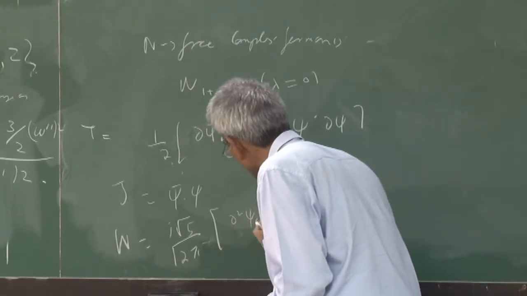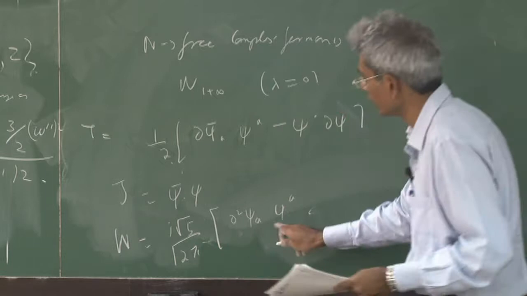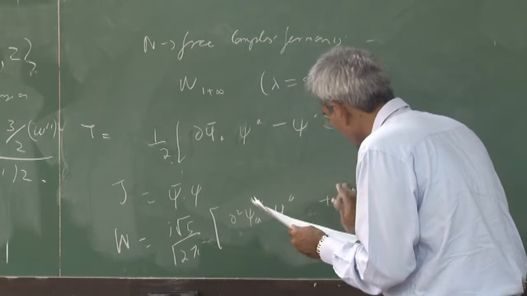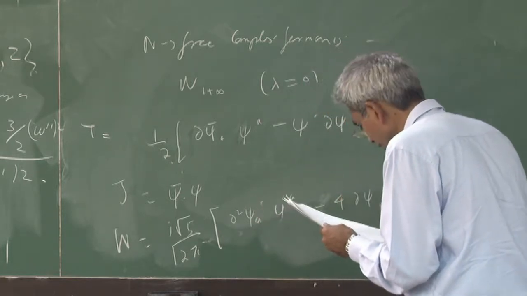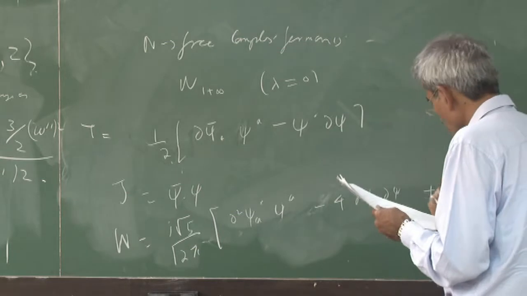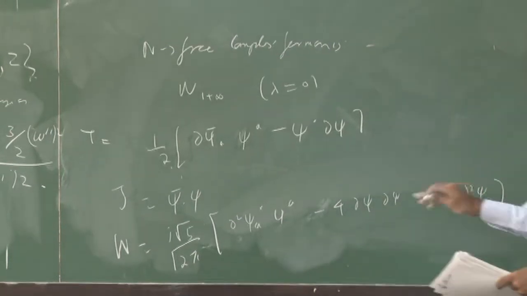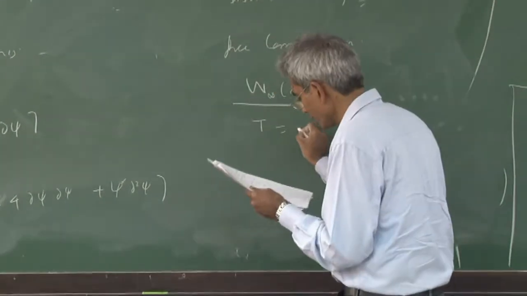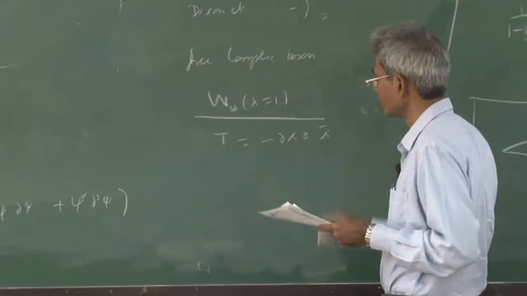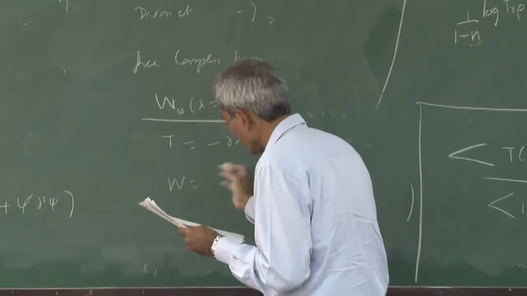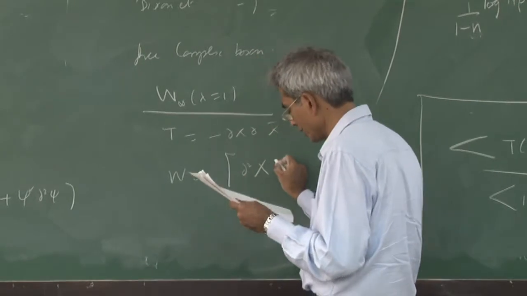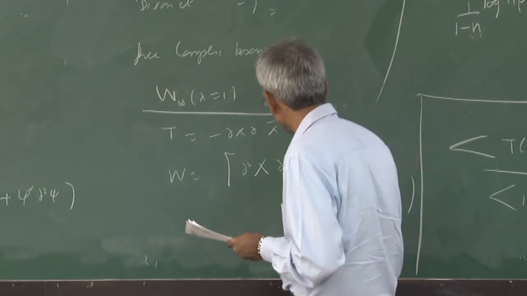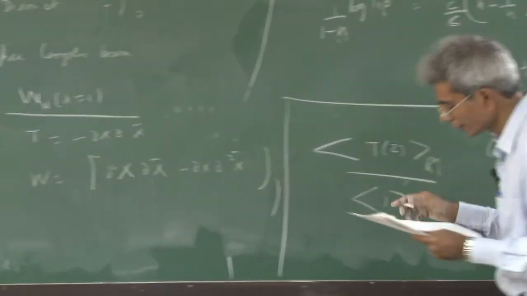It is dimension 3, psi psi-star derivatives plus other terms so that it makes it a primary. So there is a W like that. Similarly for the free complex boson, the stress tensor everybody knows, del x del x-bar, and there is a W current, up to some normalization, del squared x del x-bar minus del x del squared x-bar. So there is a realization.